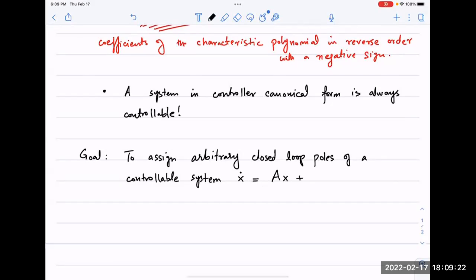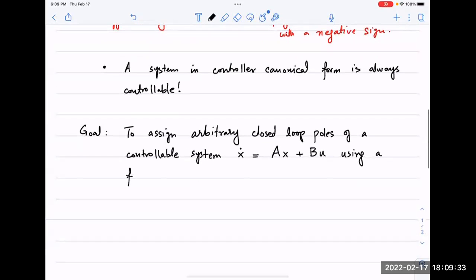So x dot is Ax plus Bu. This is the open loop system, and your feedback controller would be a state feedback controller, meaning you feed back the state information.